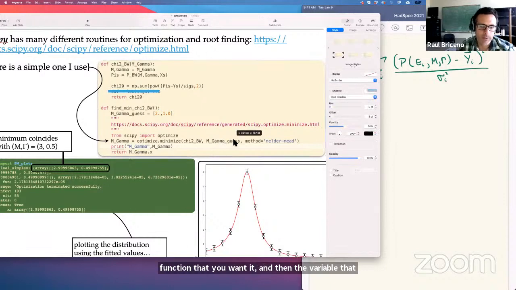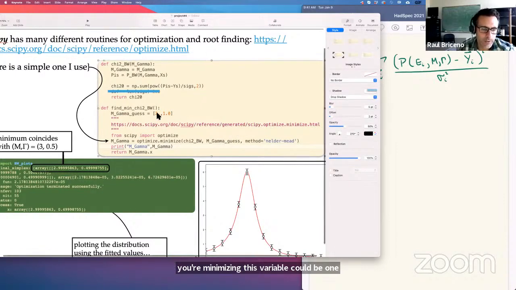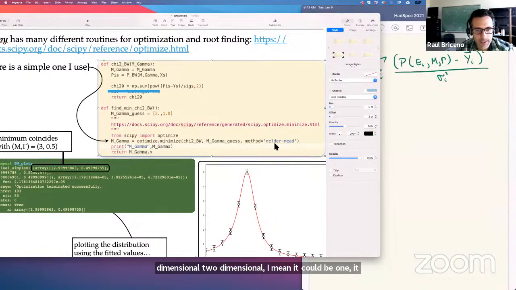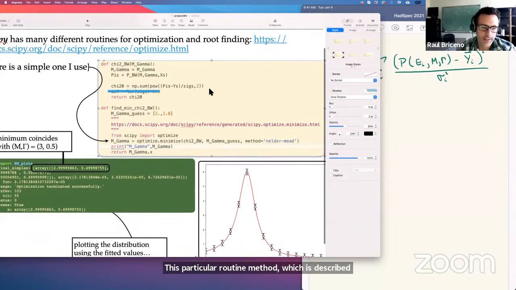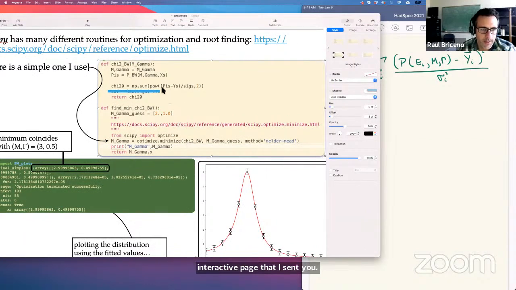This variable could be one-dimensional, two-dimensional. I mean, it could be one variable or multi-variables. It's using this particular method, which is described there. It's also explained in this interactive page that I sent you. But it's just some minimization routine.